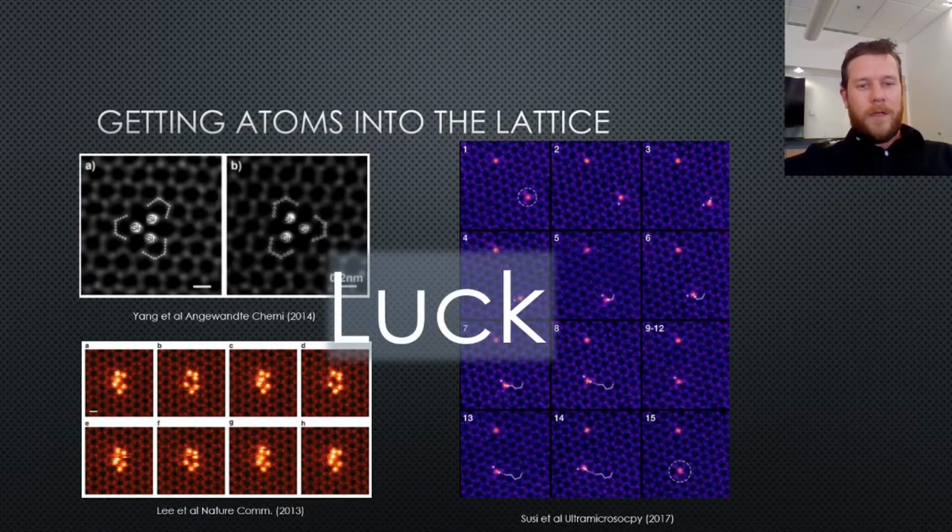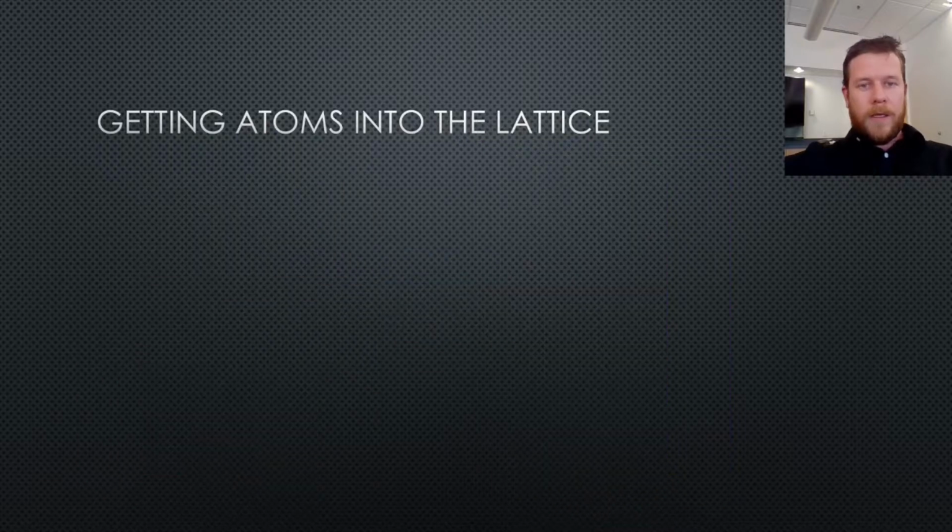We'd just like to do it a little bit better, a little bit more reproducible. So in these cases, they put the graphene in the microscope and looked around and found the defects, which is very interesting, but we want to be able to put them there in the first place in a controllable way. So how do we do that?